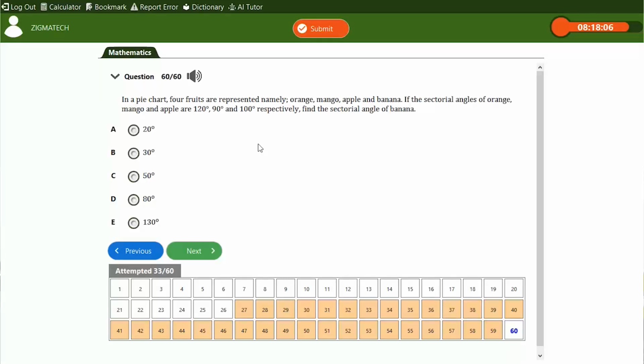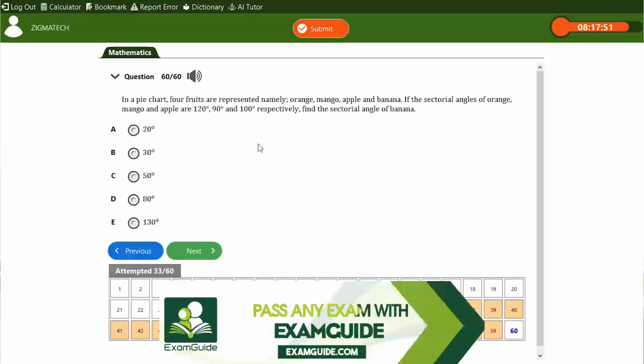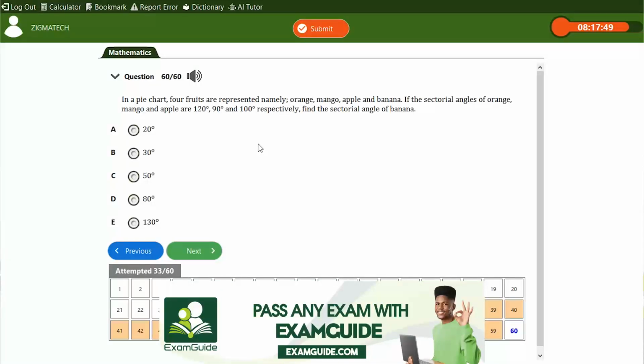In a pie chart, they said 4 fruits are represented, namely orange, mango, apple, and banana.